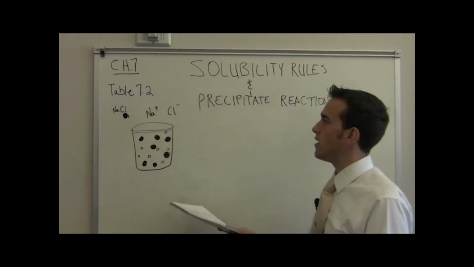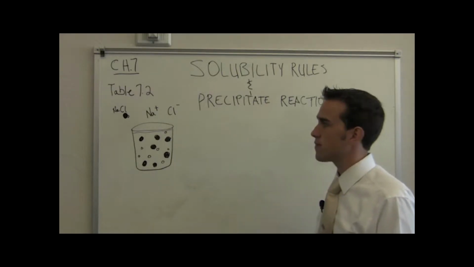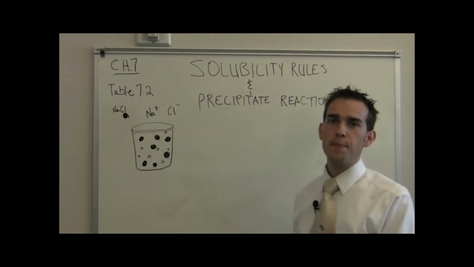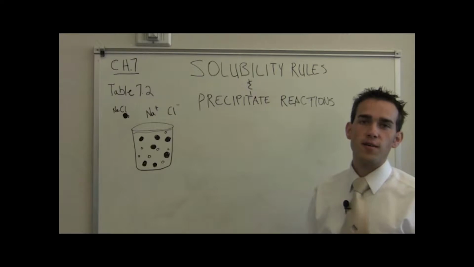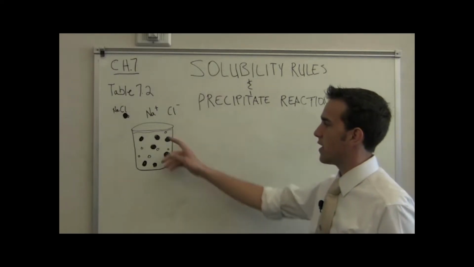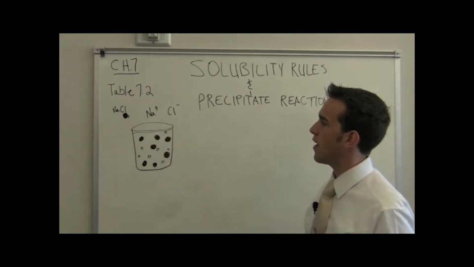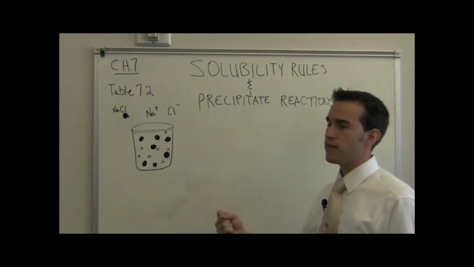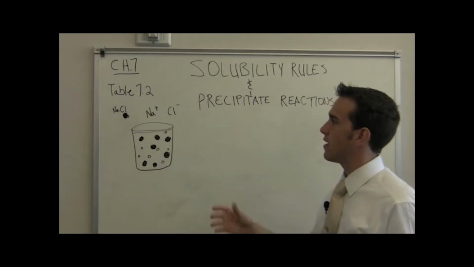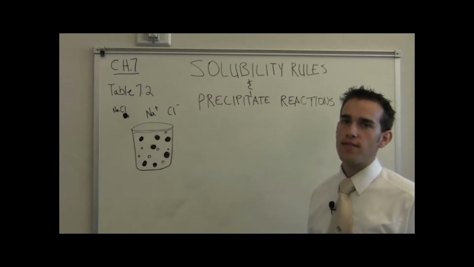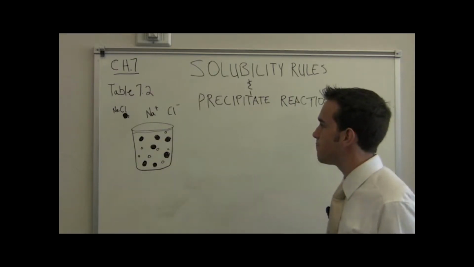For example, the alkali metals are always soluble no matter what. On the other hand, sometimes those compounds will be insoluble and they won't break into separate ions. They'll stay together as a compound. And things like lead and barium are often insoluble.